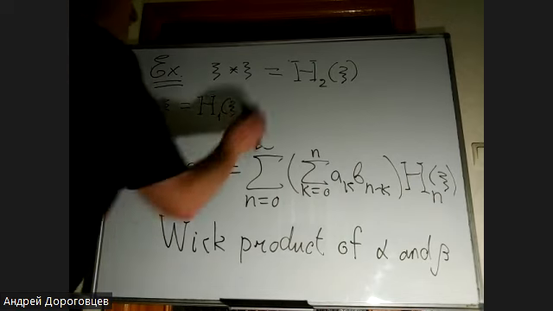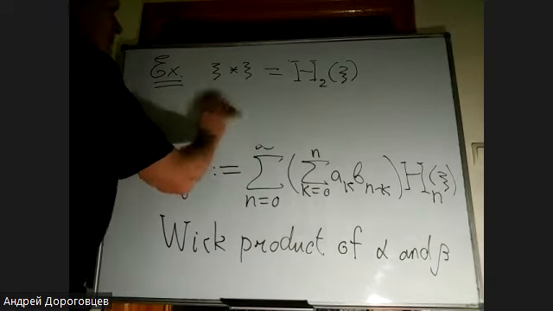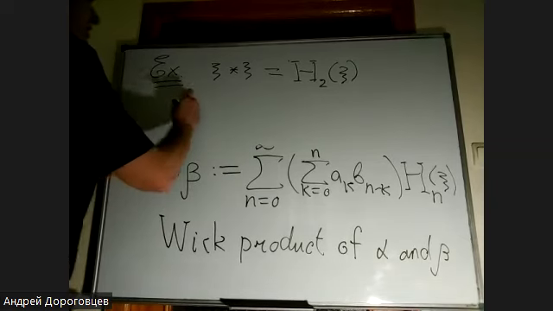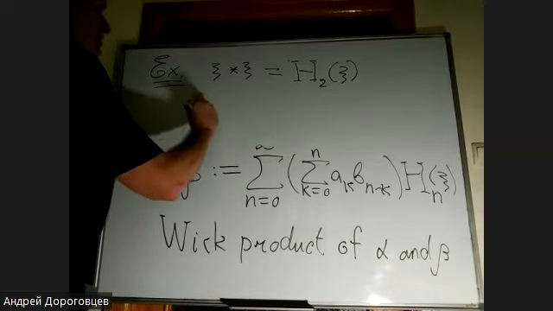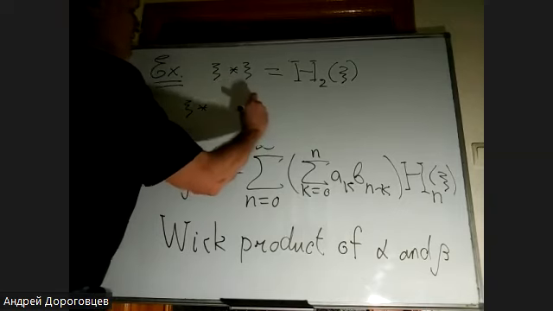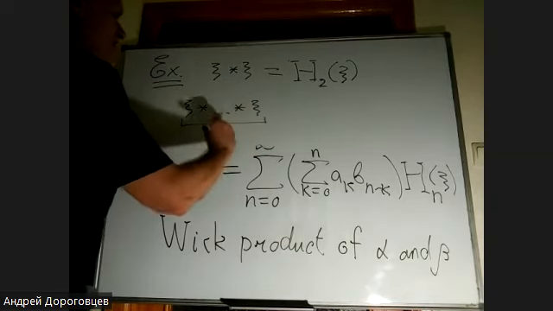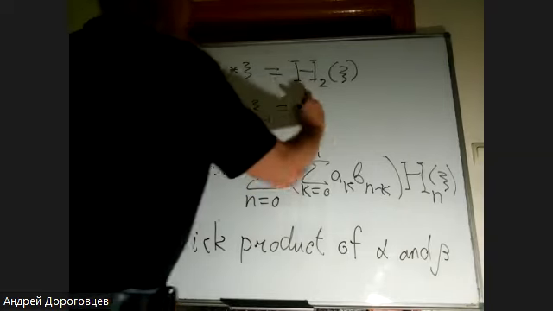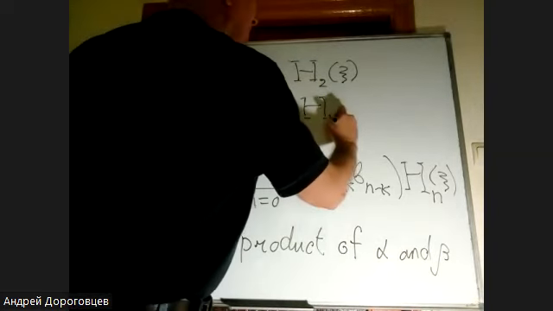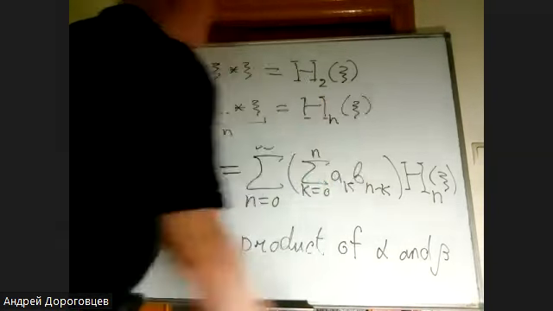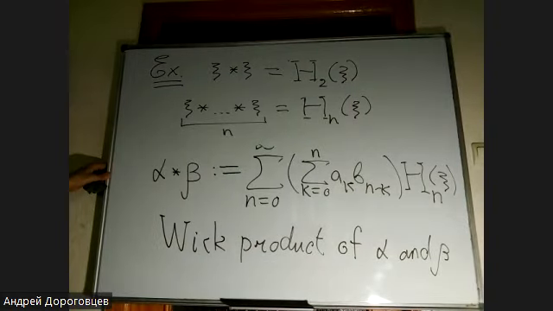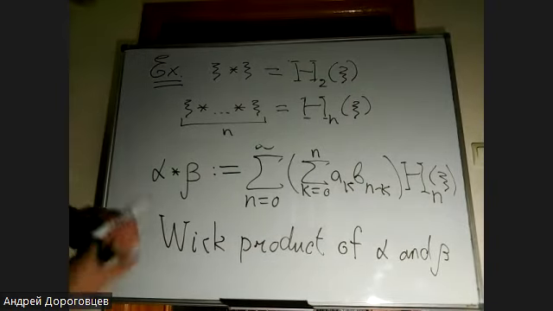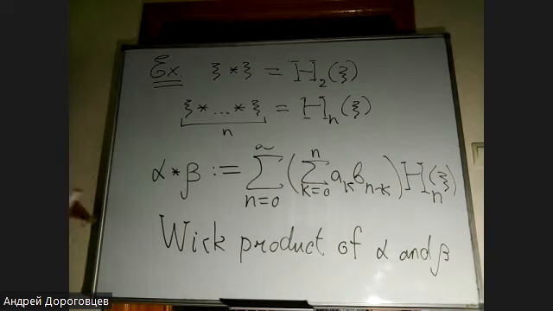Moreover, by induction, it can be easily checked that ψ to the n-th Wick power is exactly the Hermite polynomial. Also, from the definition, it follows that the operation of Wick product is linear with respect to both multipliers.